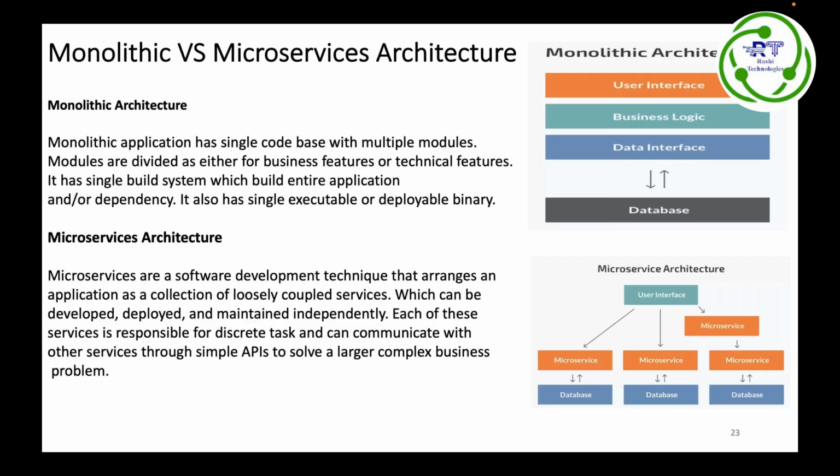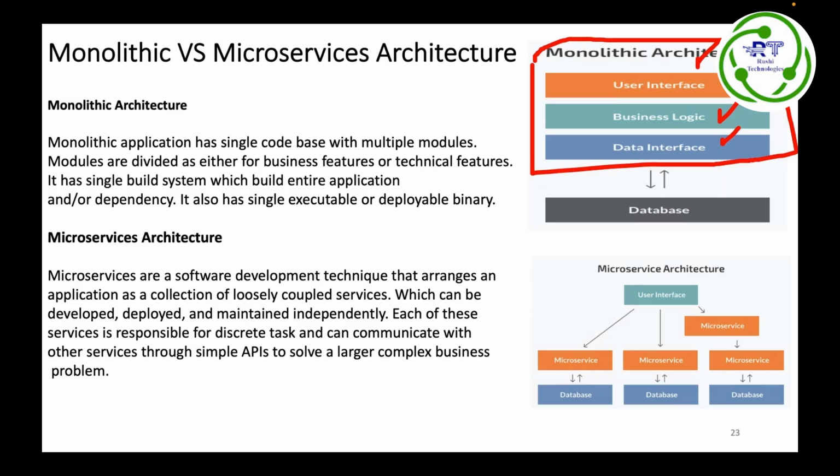So in a monolithic architecture, the user interface is like a GUI, the business logic is the APIs, and the data interface is the code that is responsible for talking to the databases in the background.